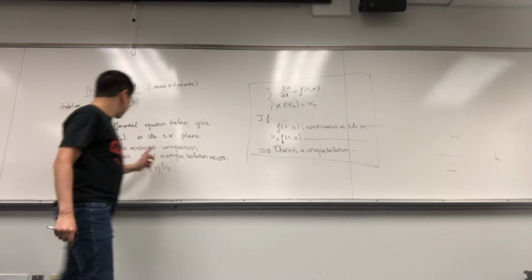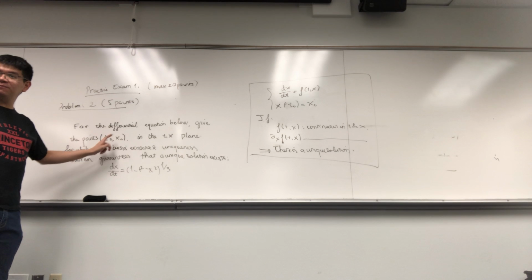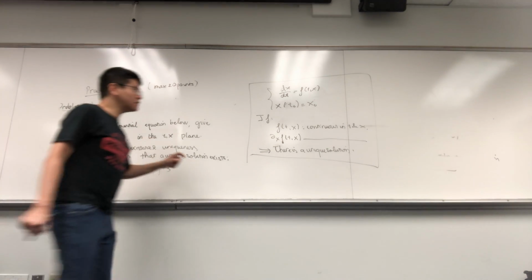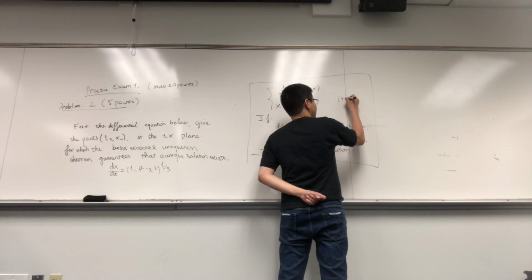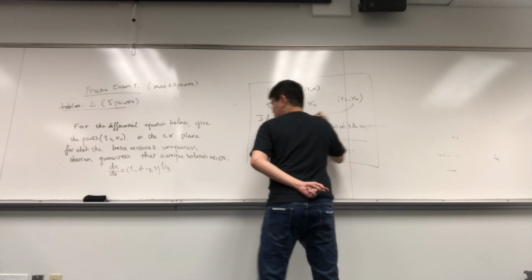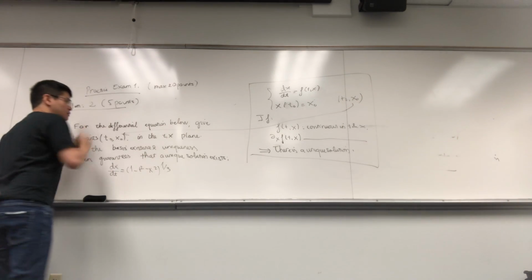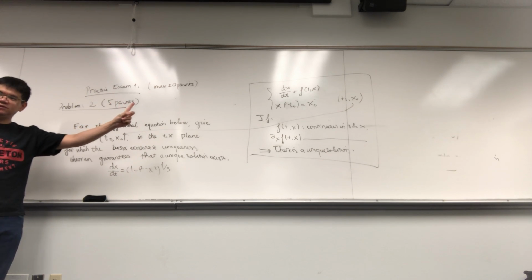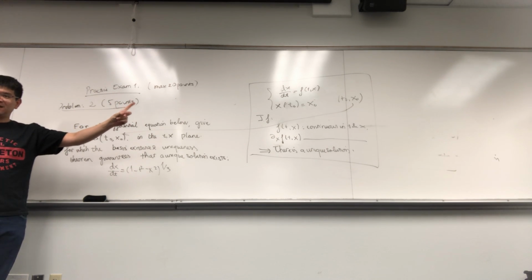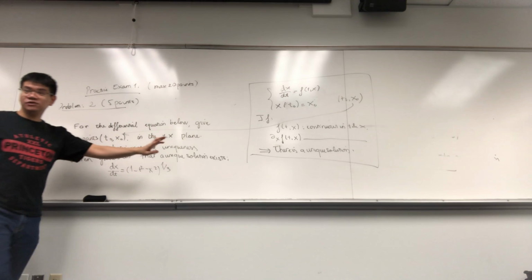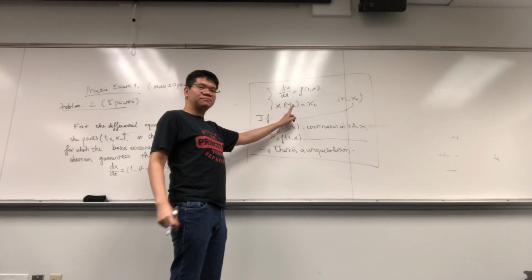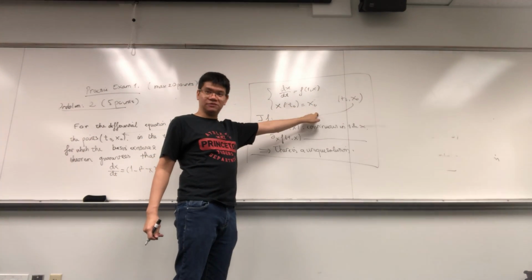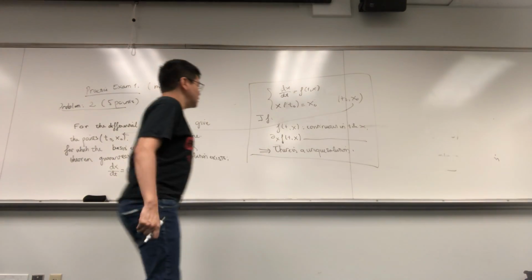So in this case, t0 and x0 will be the points that we are talking about here, right? So t0, x0 is the point that we have here. So the existence and uniqueness theorem says that if you have an equation dx over dt is f(t, x) with the initial condition x at the time t0 equal to x0, right?